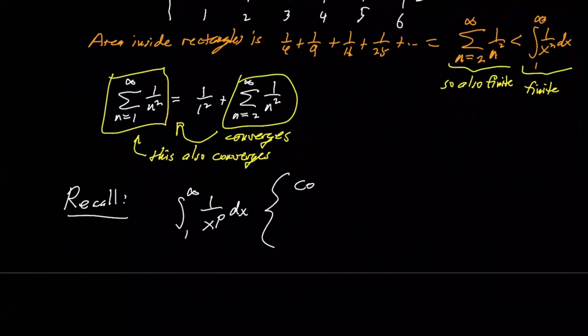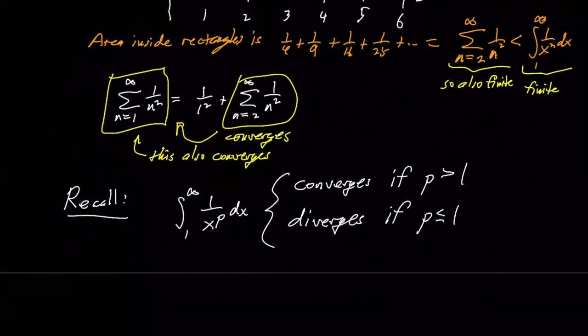This converges if p is greater than 1, and it diverges if p is less than or equal to 1. That's something we showed with improper integrals. This is the avatar for an improper integral that could possibly converge, because you need the function to be going to 0 as the input goes to infinity. So this we called the p-test.